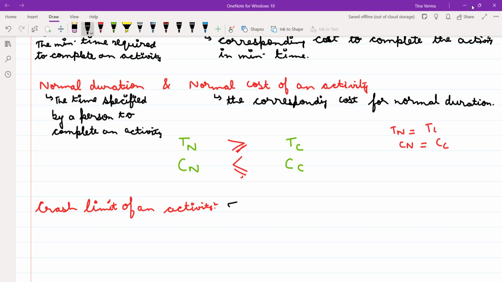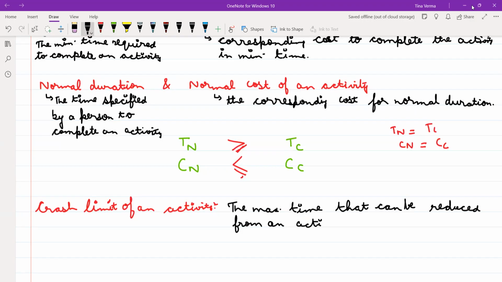The crash limit of an activity, the maximum time that can be reduced from an activity, is called your crash limit.